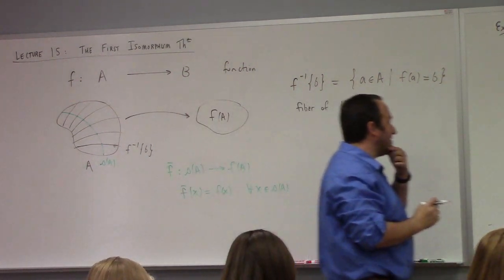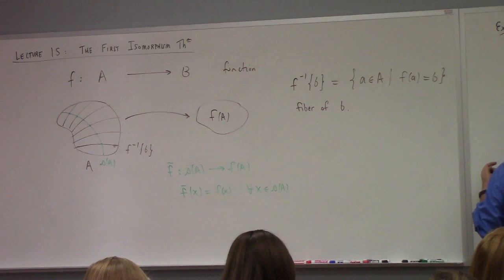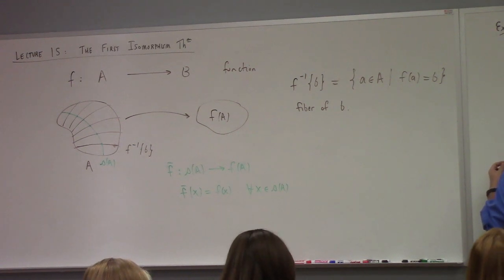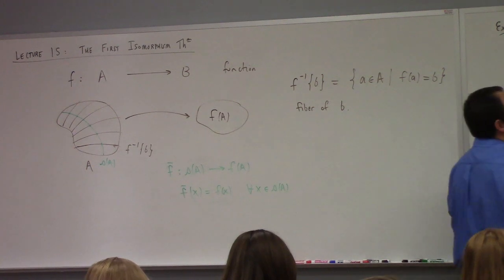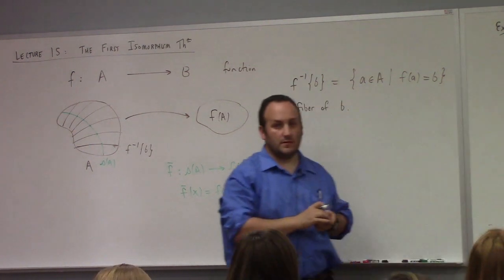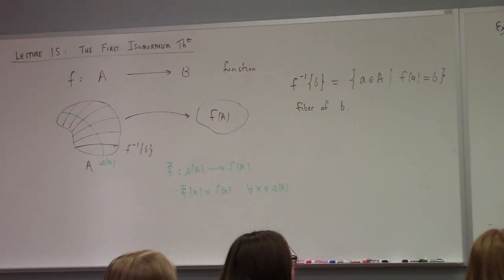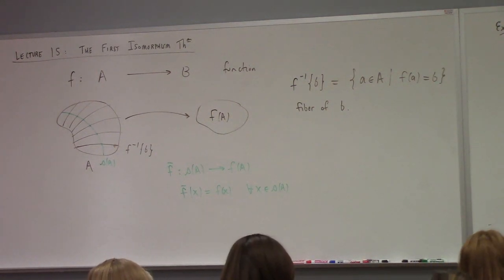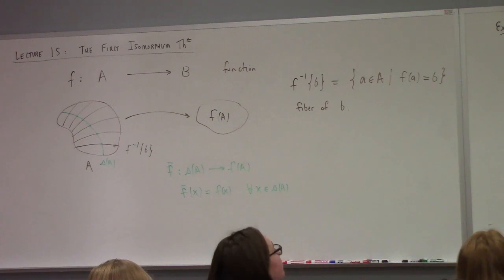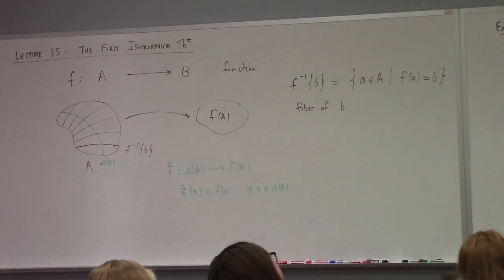So the answer is, it looks like log of w naught. Now log of w naught is actually the natural log of the absolute value, the natural log of the modulus of w naught, plus i times the so-called argument of w naught. Right?